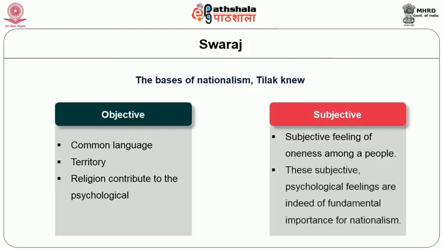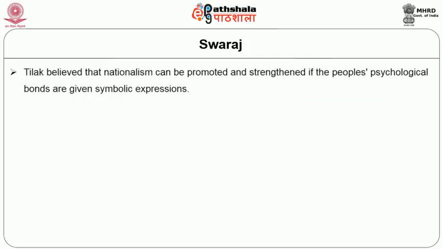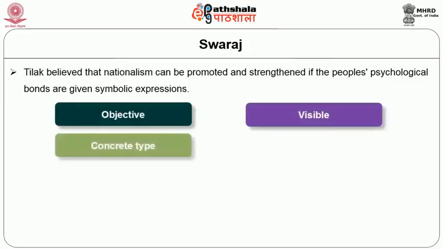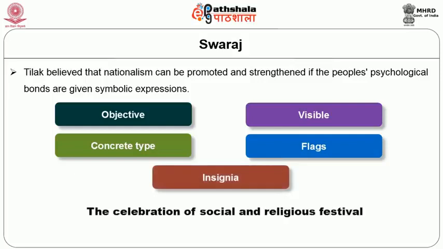These subjective psychological feelings are indeed of fundamental importance to nationalism. Tilak believed that nationalism can be promoted and strengthened if people's psychological bonds are given symbolic expressions of an objective, visible or concrete type, namely flags, insignia, celebration of social and religious festivals.